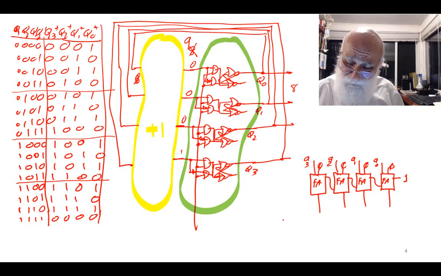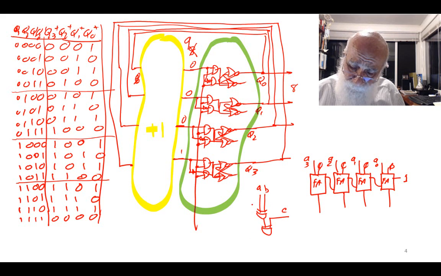If I put zeros on one of the inputs of the full adder, let's look inside the full adder. Inside the full adder looks something like this. A, B, carry in, and this.